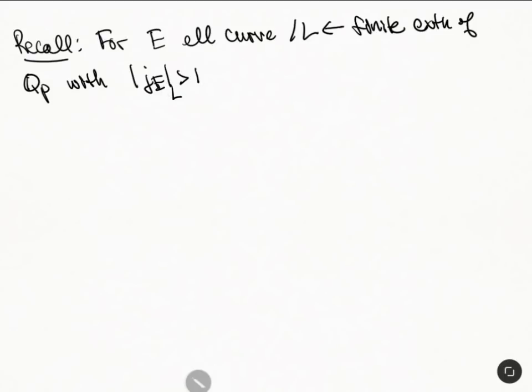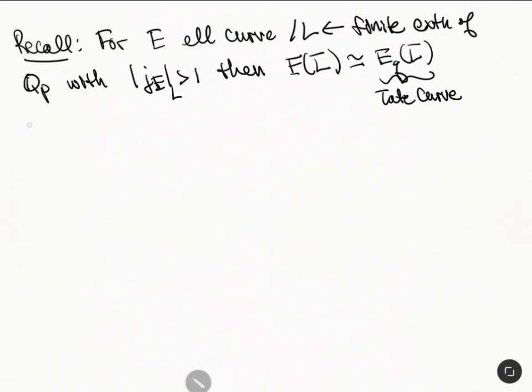If this is bigger than 1, then E over L bar is isomorphic to E_q over L bar. So this is some Tate uniformization. Let's just call this a Tate curve.